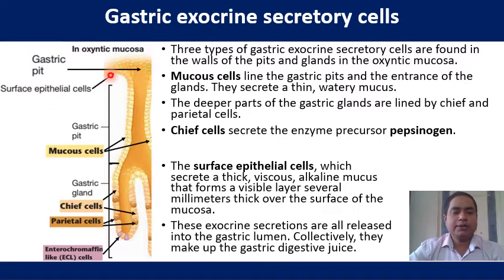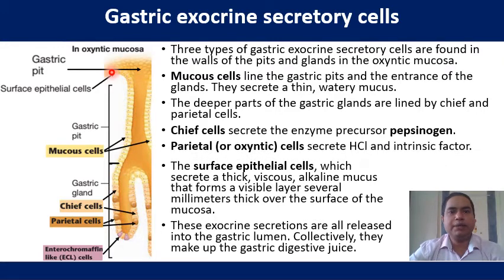There are also surface epithelial cells that line the gastric pits, and these secrete a thick, viscous alkaline mucus that forms a visible layer several millimeters thick over the surface of the mucosa. These exocrine secretions are all released into the gastric lumen, and collectively they make up the gastric digestive juice.